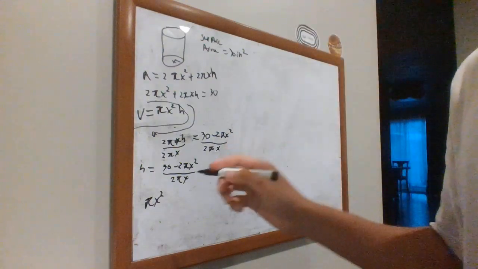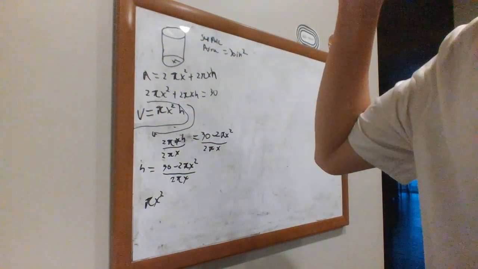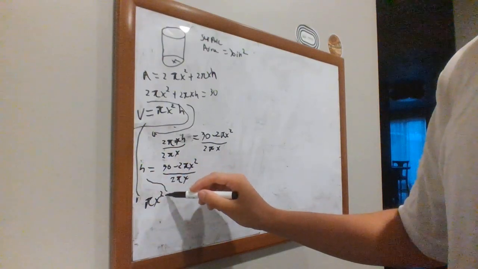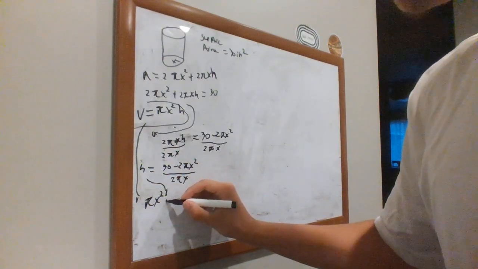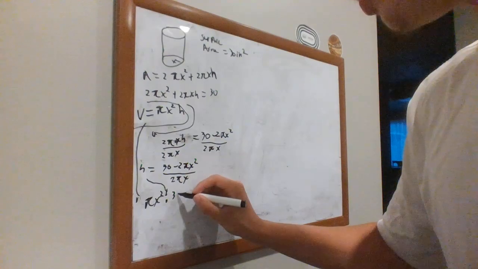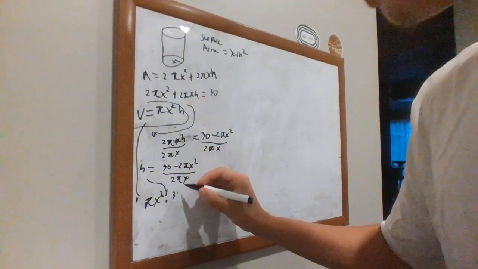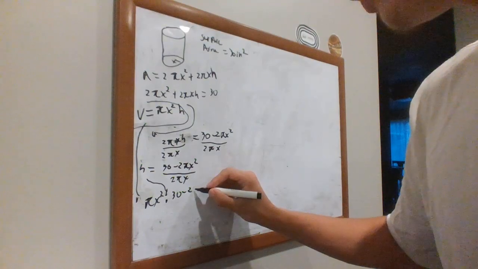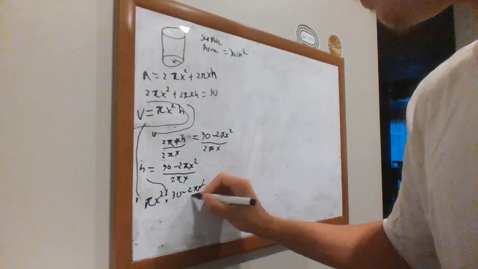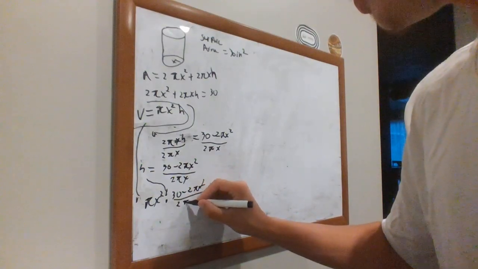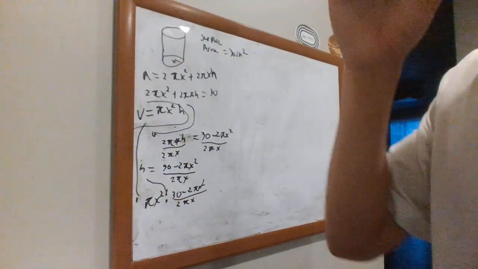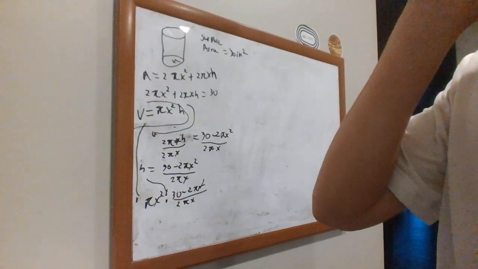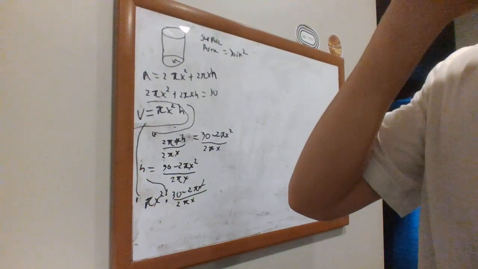Oh wait, no. Using this equation, we can just plug h right in. Okay, that makes sense. So plugging that in, we get 30 minus 2 pi x squared divided by 2 pi x.